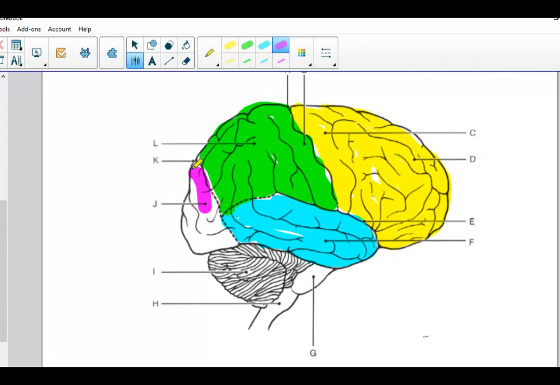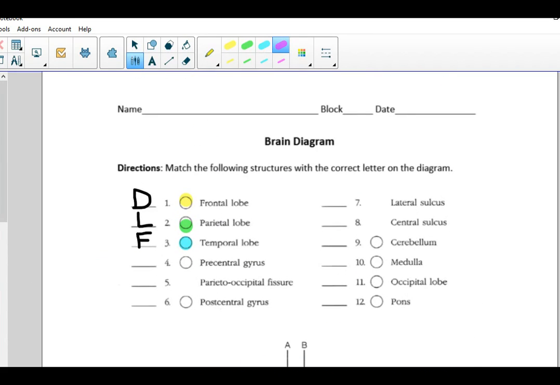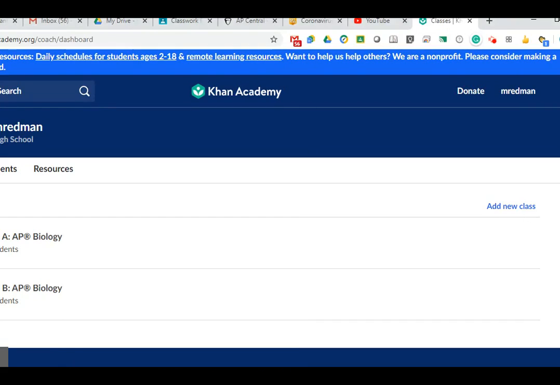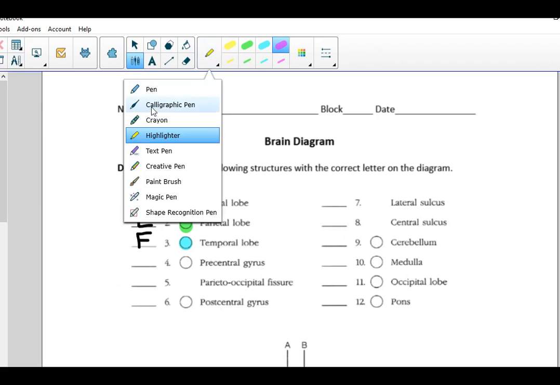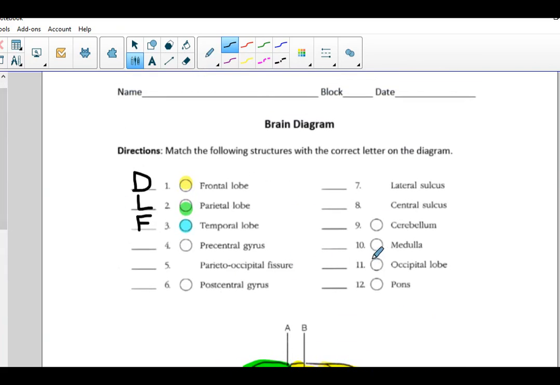So I'm going to color it while I'm here in this pink color. And then we'll label it the occipital lobe right over here, number 11, with letter J.